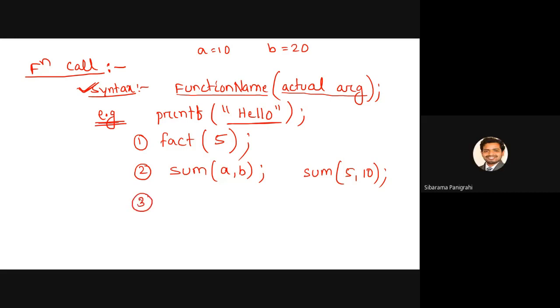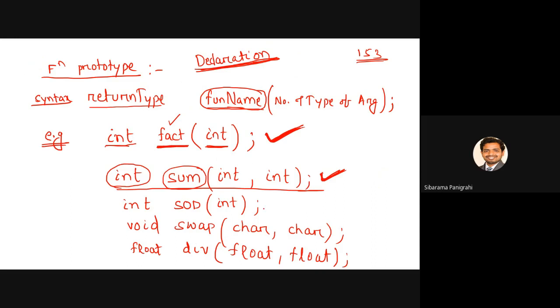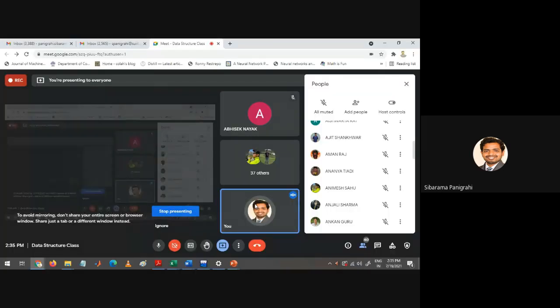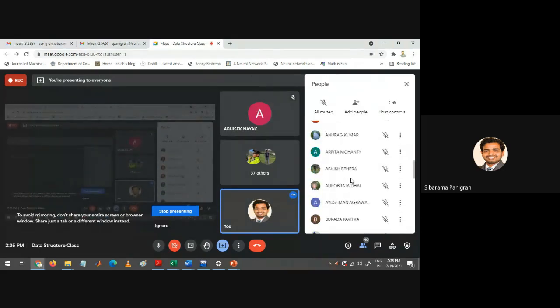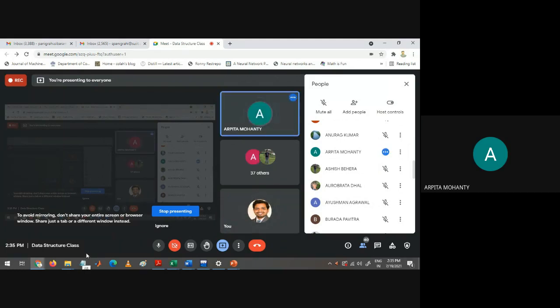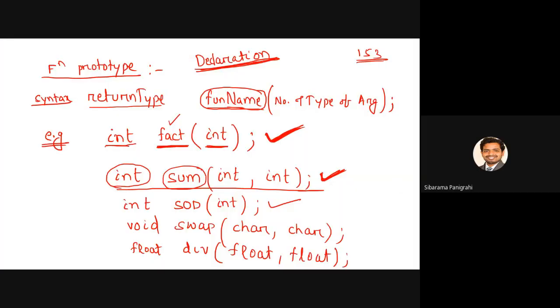Now I will go through the next student. He or she has to tell how to call the SOD function. Right? So let me select a person. Arpita Mohanty, can you hear me? Yes, sir. Okay, Arpita, you tell me. Here I have written the function prototype of SOD. SOD means sum of digits function. Can you write its function call?